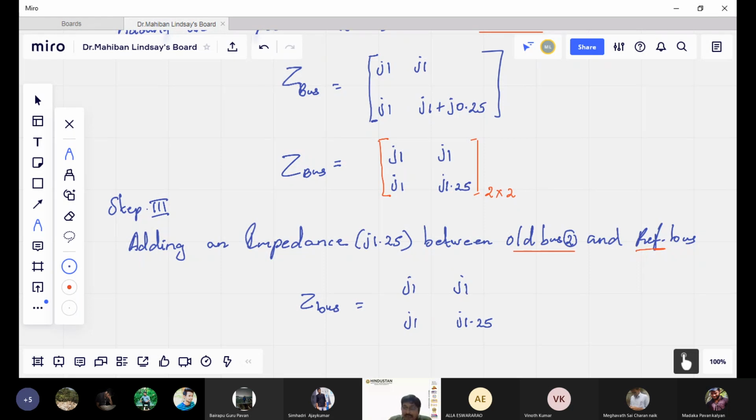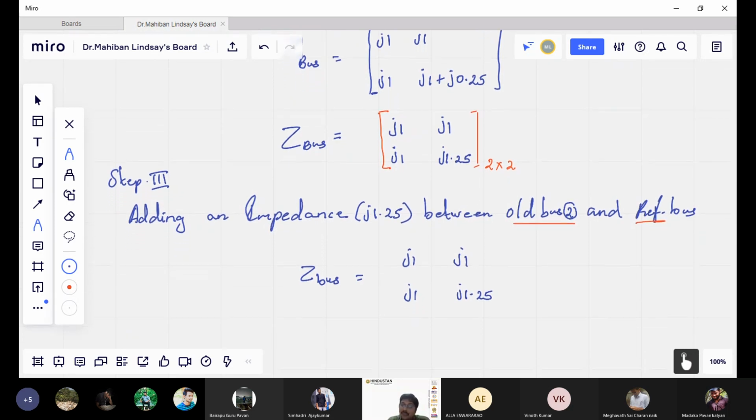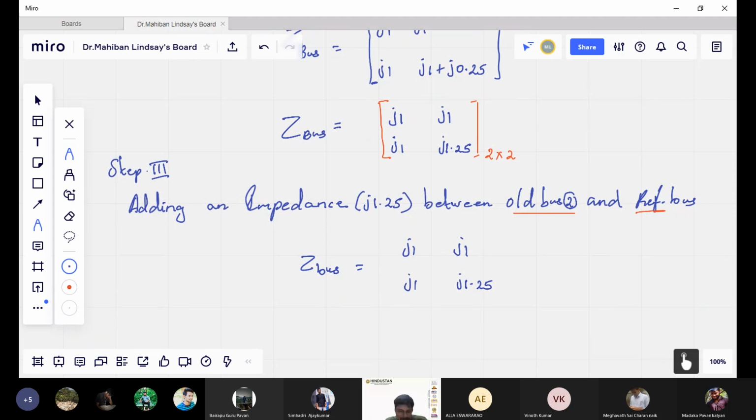Listen, we are adding this to bus 2, right? Therefore, what is the value here? The bus 2 value will be coming to the next row. Here also the bus 2 value will come to the next row, and similarly the column. Both the column as well as the row, the bus 2 values will be repeated.